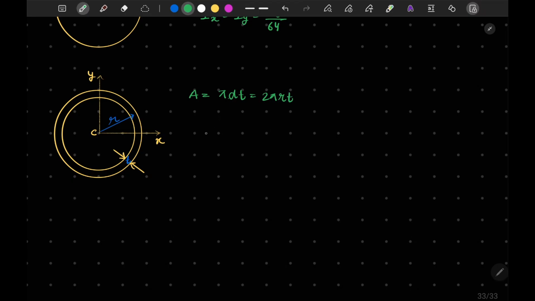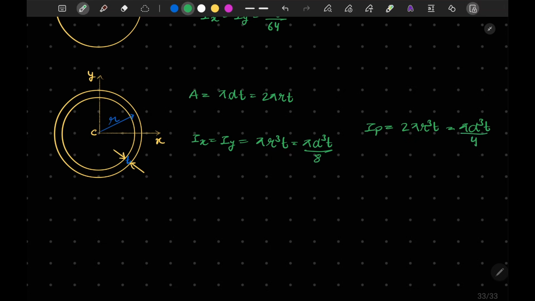If I want to write Ix, that will be equal to Iy, and can be written as pi r cube t, or pi d cube t by 8. And the polar moment of inertia can be written as 2 pi r cube t, which is also equal to pi d cube t by 4.